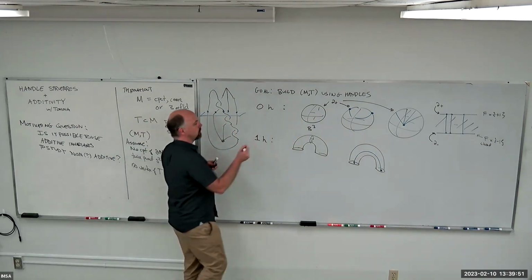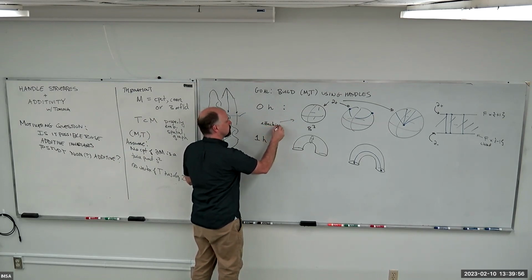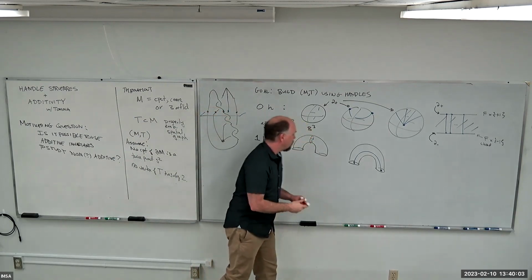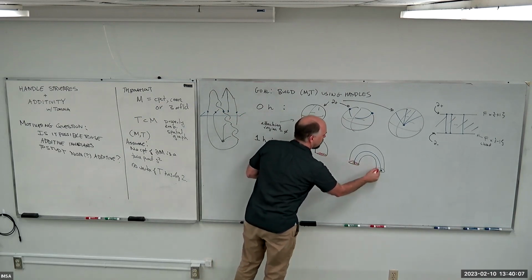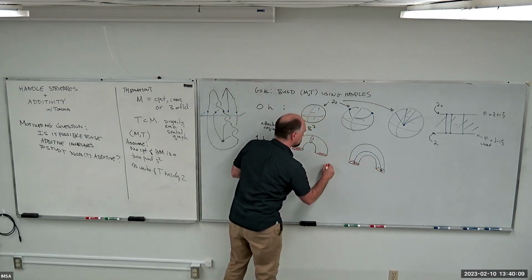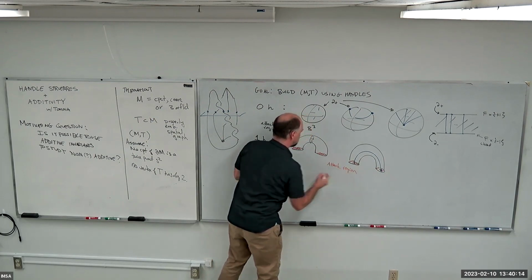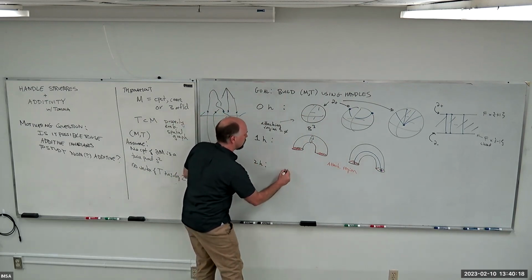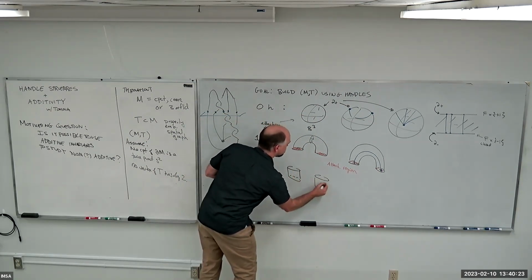For 0 handles, as usual, the attaching region is empty, and for the 1 handles, the attaching region is the feet. I guess maybe I should just quickly draw the 2 handles. The 2 handles are just 1 handles turned upside down.